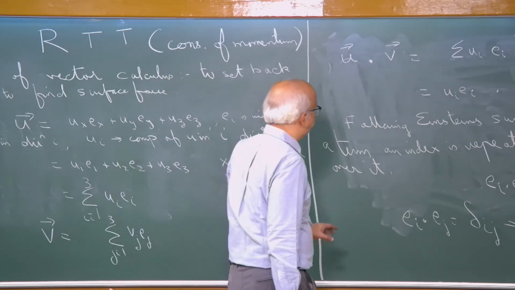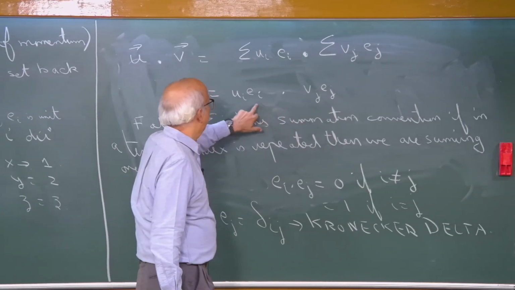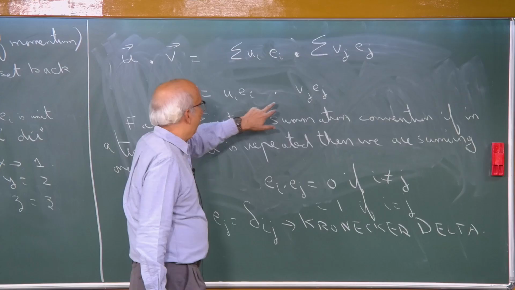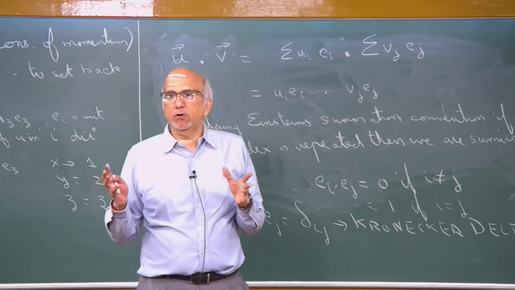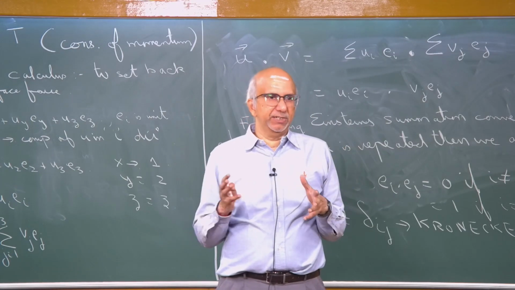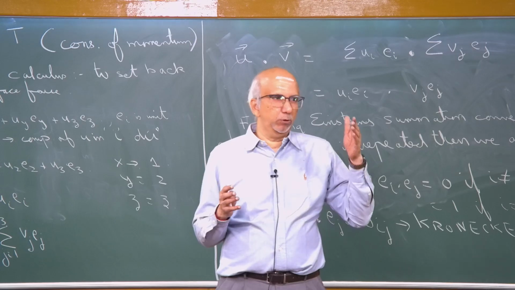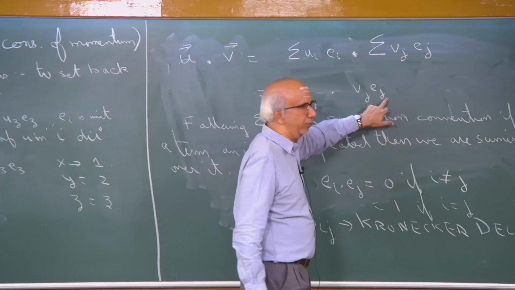Now when I come here, look at ei dot ej. Why did I keep these indices separately? Because I want to allow for all possible combinations of i and j. i will go from 1 to 3, I get E1, E2, E3 here, j also will go from 1 to 3.